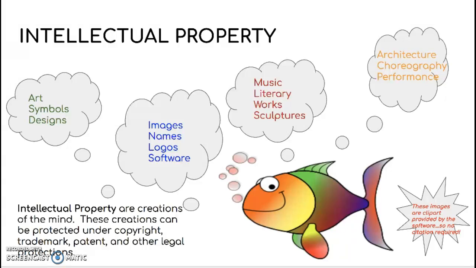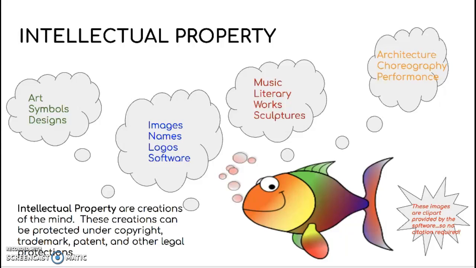Intellectual property. Intellectual property, as we mentioned before, are creations of the mind. These creations can be protected under copyright, trademark, patent, and other legal protections. Some examples of intellectual property include art, symbols, designs, images, names, logos, software, music, literary works, sculptures, architecture, choreography, and performances.